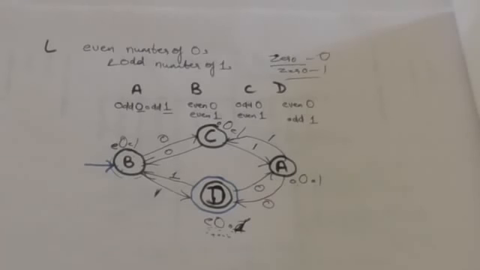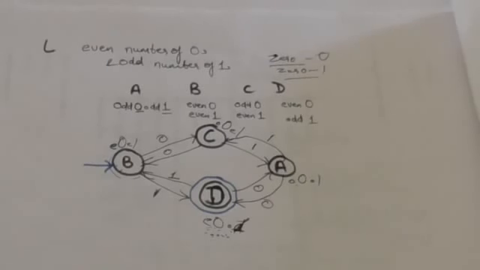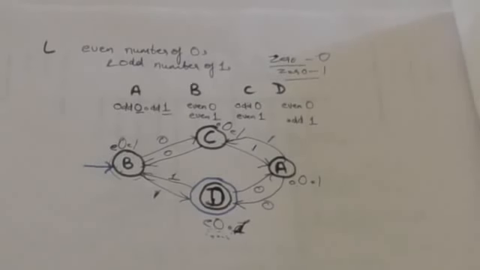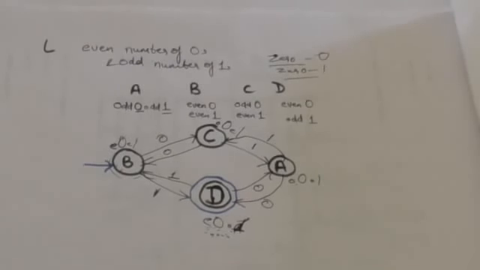So we have made state B, which corresponds to an even number of 0s and an even number of 1s, the initial state of this finite automata. Why? Because when we don't apply any string, the machine will remain in state B, since 0 zeros and 0 ones, meaning we have not applied anything, is considered a string of an even number of zeros and an even number of ones.